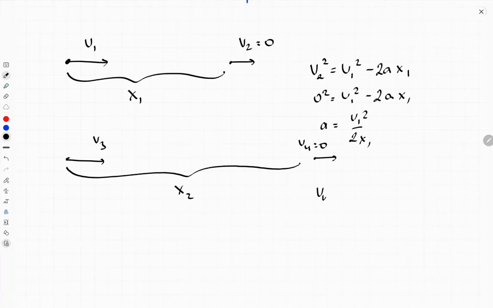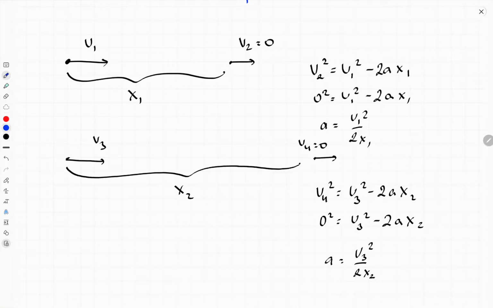Basically final velocity square equals initial velocity square minus 2a, same acceleration but different distance. So here we use negative sign because of deceleration. So final velocity, of course, again becomes 0. 0 = v3 square, v3 is initial velocity for this case, which is 70 miles per hour, minus 2ax2. From here, acceleration equals v3 square over 2x2.